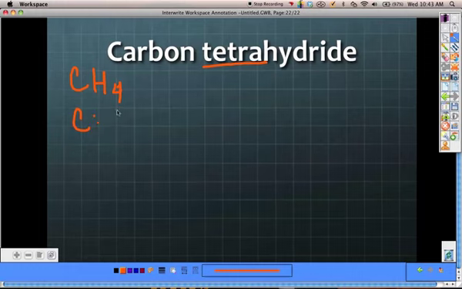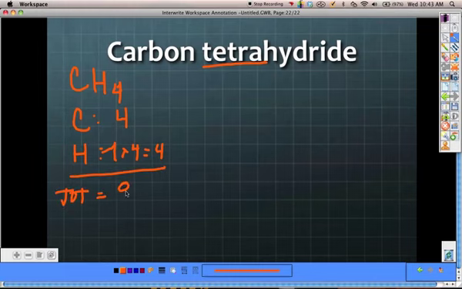Shout it out. 4. What about hydrogen? 1, and there are 4 of them. So I am looking for a total of what? 8. Which one requires the most electrons? Carbon. It needs 4 more. Each of the hydrogen only need 1.